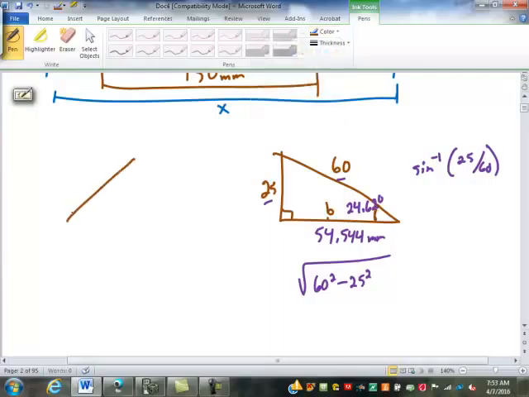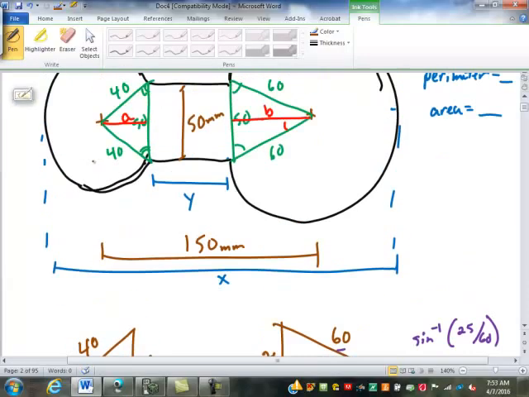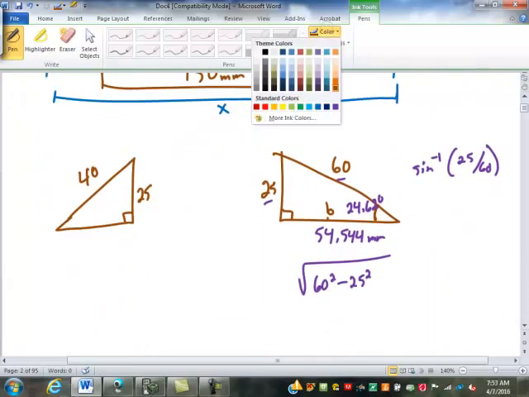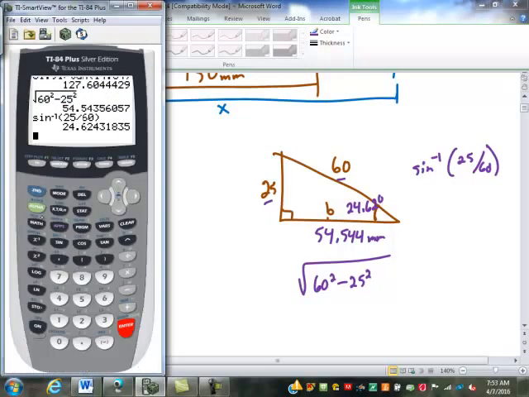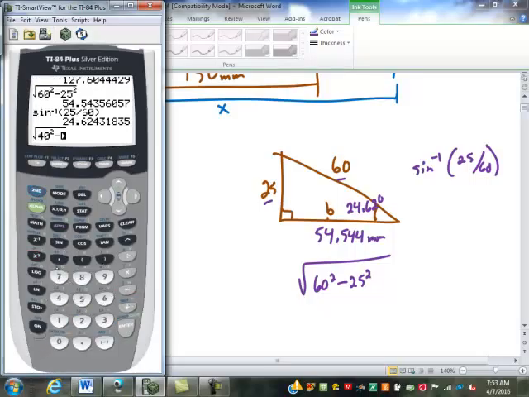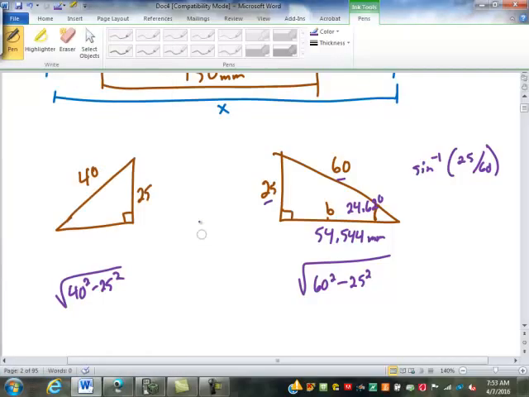On the other side, this is still 25 here, still half the 50, but this is only 40 now. It's out of the smaller circle. So this side's the square root of 40 squared minus 25 squared, which is going to be 31.225 millimeters.